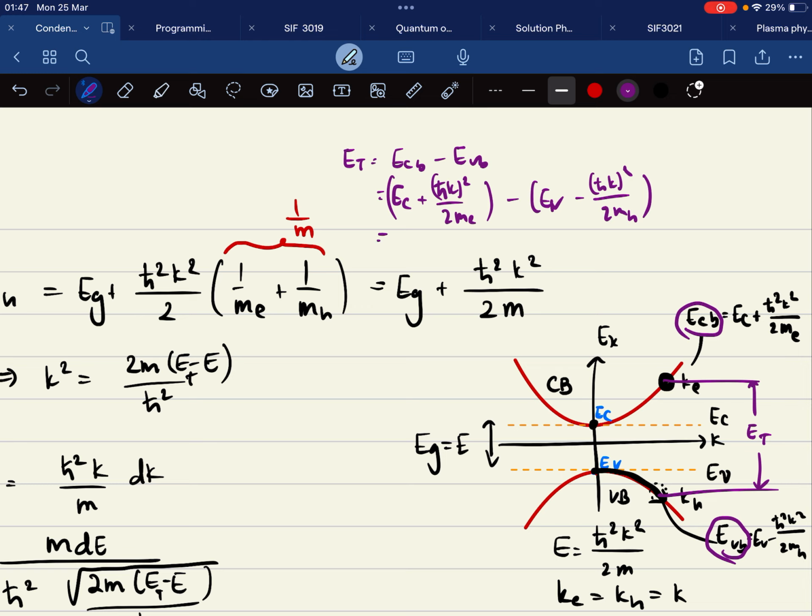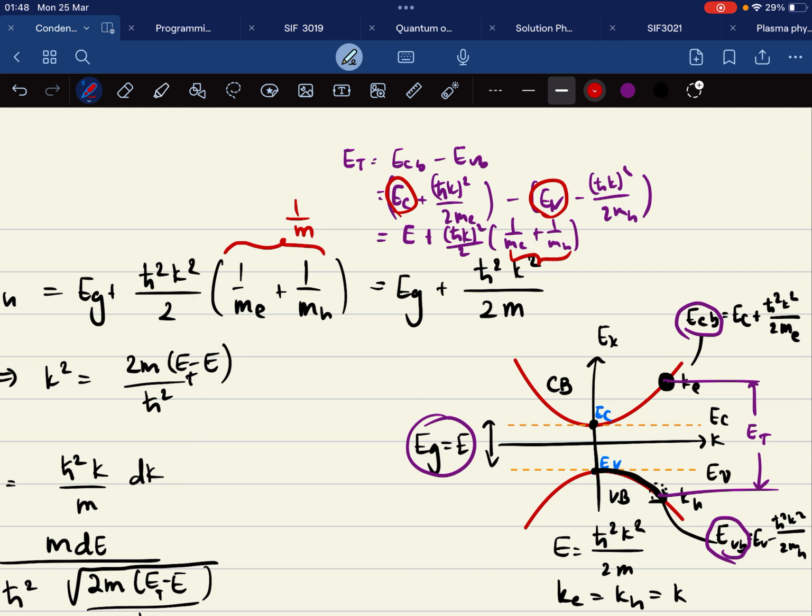So you will see straight away, this is EC minus EV, right? What is that? Pretty easy, that's the energy gap, the EG. So I can define EG to be just E, no worries. Plus, I just factorize ħ²k² over 2 times 1 over m_e plus 1 over m_h.